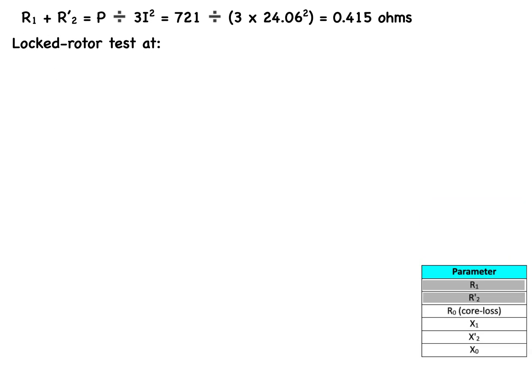Continuing with the locked rotor test, which is done at an applied voltage of 24 volts line to line at a frequency of 15 hertz. The total per phase input impedance that the applied voltage sees may be found by dividing the line to neutral voltage by the line current.